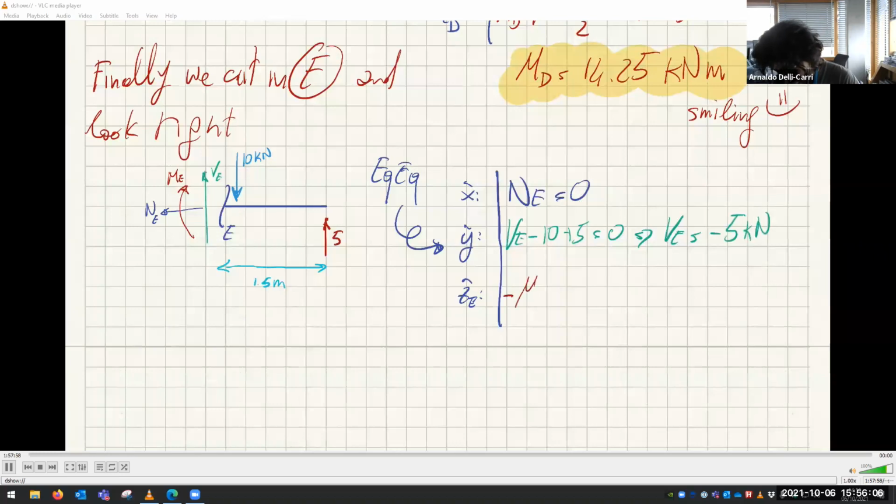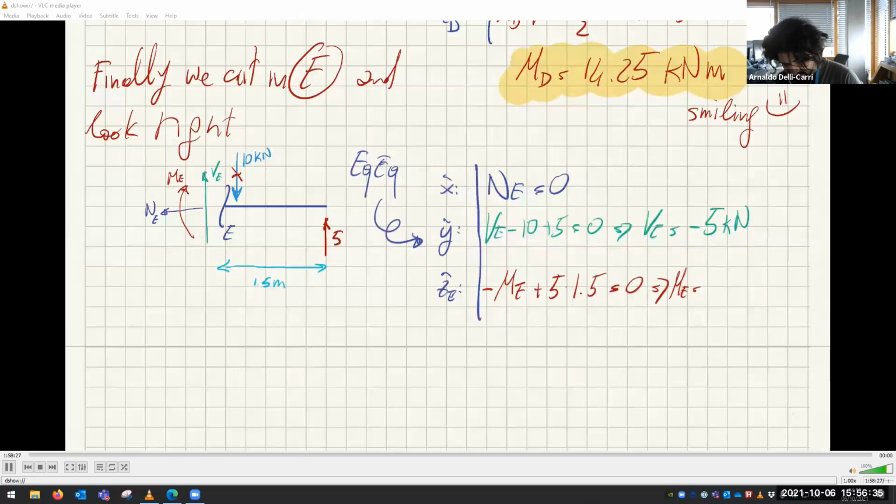And finally, we have minus ME, because it's a clockwise moment. Look at this. This goes like this. Minus ME. This 10 kilonewton does not have any moment about E because it's passing through E. So the only thing that has moment is 5. So this is a positive moment. 5 times 1.5 minus ME equals 0. And that means that ME is how much? How much is 5 times 1.5?